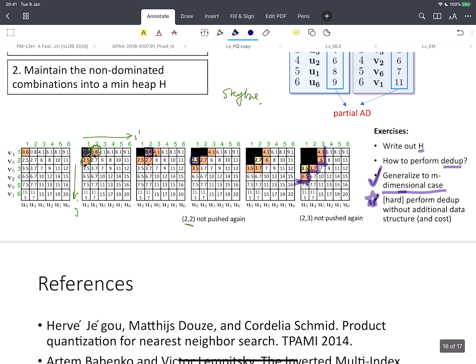And the harder part is whether you can perform this kind of deduplication without using an additional data structure and cost. The paper needs to maintain a bitmap or hash table to do that, but essentially you don't really need that.